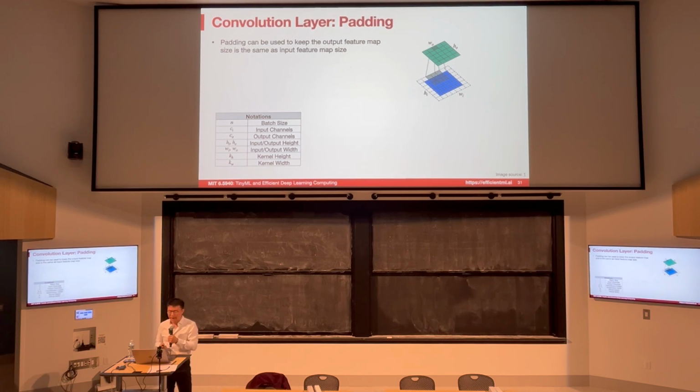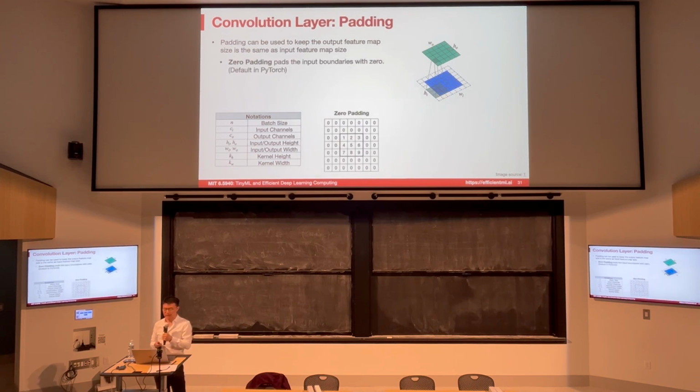Let's also talk about padding. Padding can be used to keep the output feature map the same as the input feature map. Otherwise, using convolution, the feature map will get smaller and smaller as you have more layers. One common way is to apply zero padding, to pad the input boundaries with 0, which is the default in PyTorch.